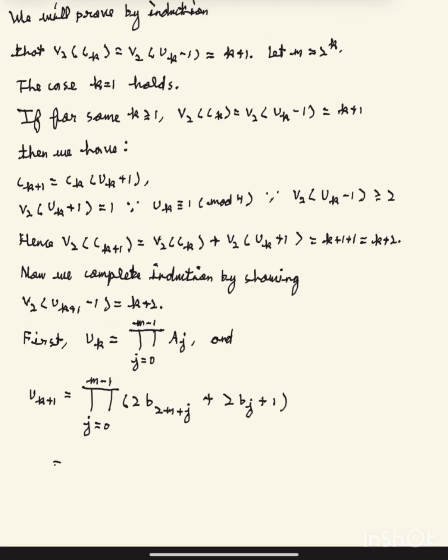And now we can rewrite this as the product from j equals 0 to m minus 1.